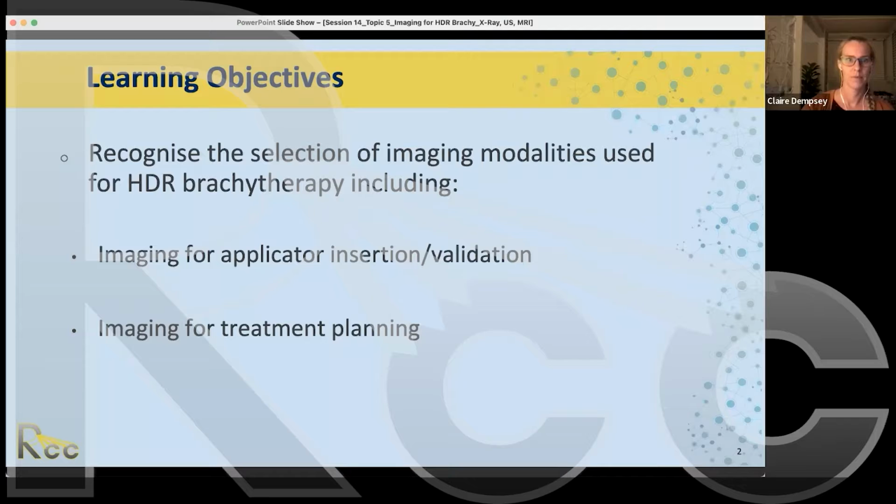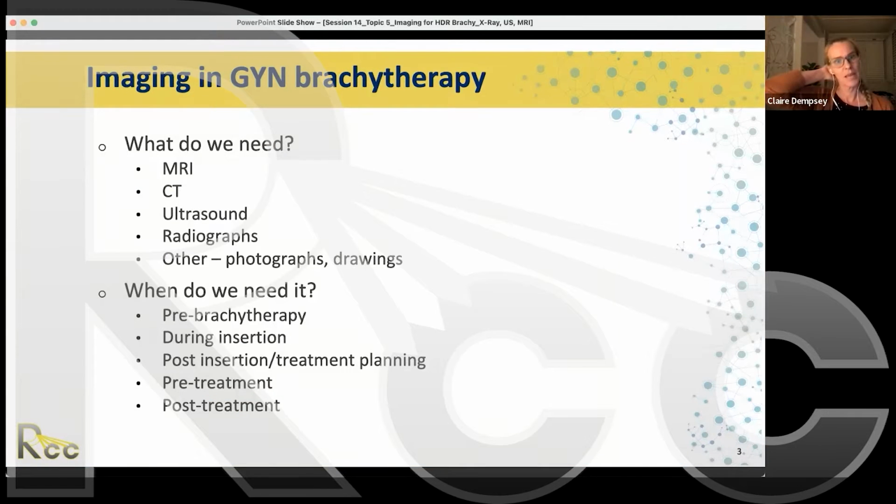So I'll get started. Okay. So over the course of this session, what we're going to look at is the selection of imaging modalities for HDR brachytherapy. And this includes imaging for applicator insertion and validation, and also imaging for brachytherapy treatment planning. So when we talk about imaging for gynae brachytherapy in particular, there are certain imaging modalities that we need. So these would be MRI, CT, ultrasound, radiographs, your traditional sort of imaging methods.